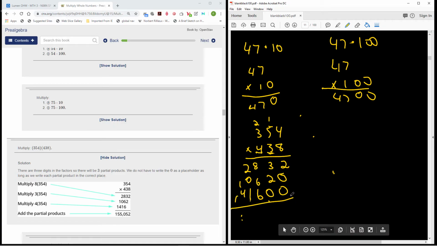Add these up. I have 2 here, 5 here. What's that going to be? 6 and 8 is 14. 6 and 6 is 12. 6 and 6 is 12, plus 8. 12 and 8 is 20. Carry my 2. Okay. 2 and 2 is 4, 1 is 5. 5 and 1 is 4 and 1 is 5.